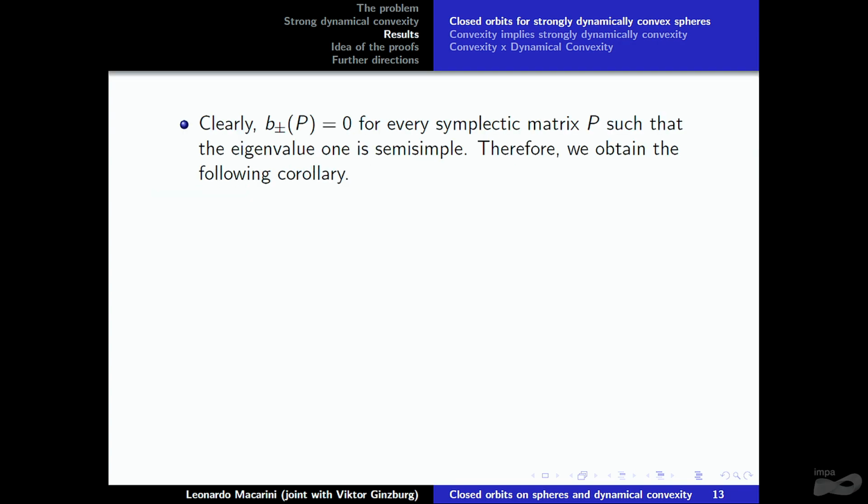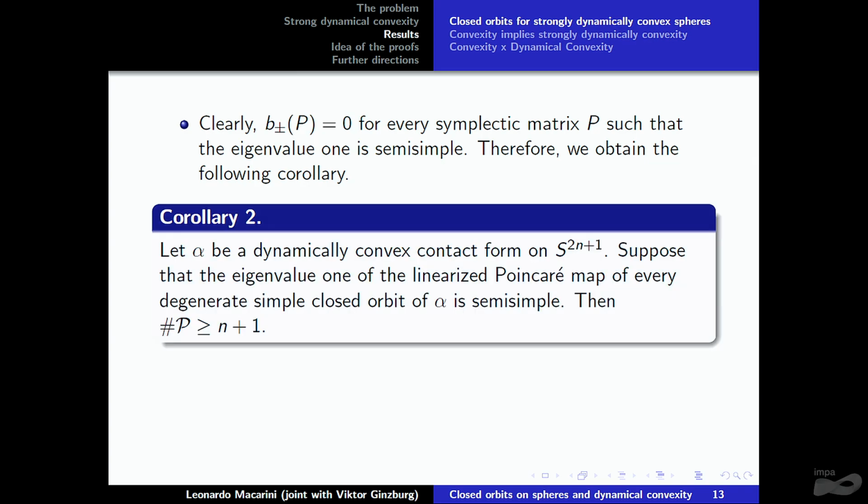But notice that this is nice, because when the eigenvalue 1 of the symplectic matrix is semi-simple, namely when the algebraic and geometric multiplicities coincide, then b plus and b minus are both 0. So in particular we get this. Suppose you have a dynamically convex contact form. Actually, you don't need dynamical convexity here.